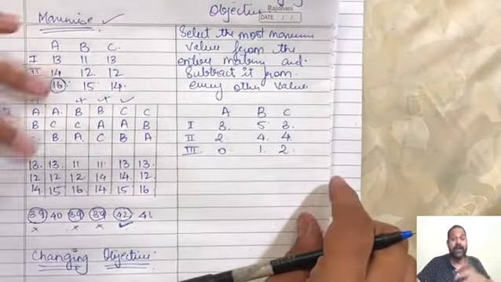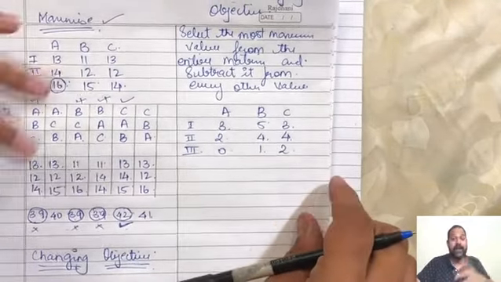Least in this row is 2, 0, 2, 2. Least is already 0, 0, 1, 2. Every row has a 0. Does every column have a 0? Let me check. Yes? No. Then let's go to step 3, column reduction.